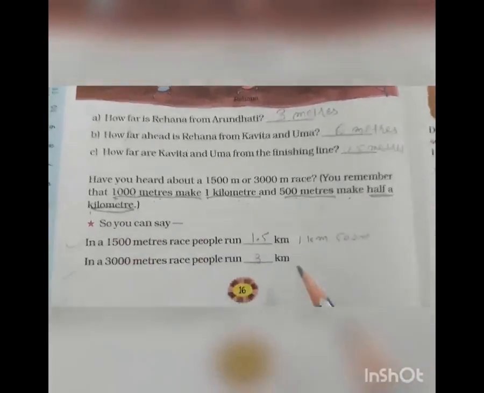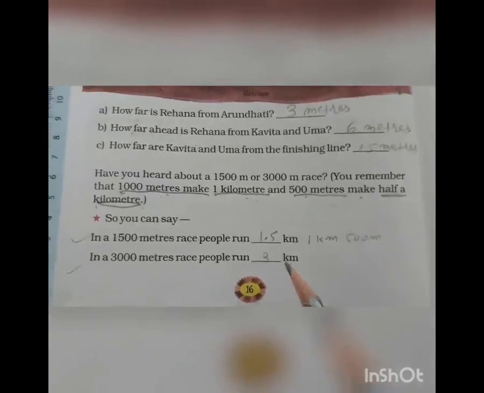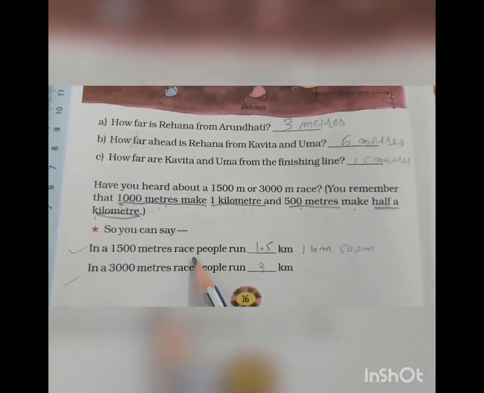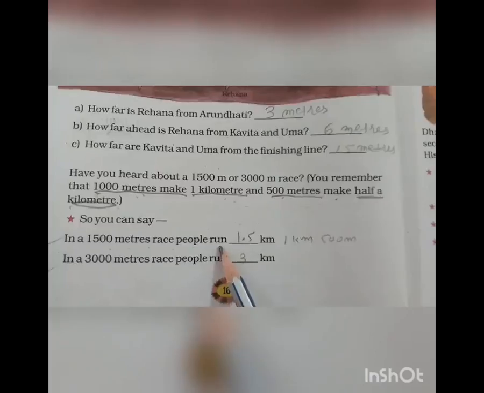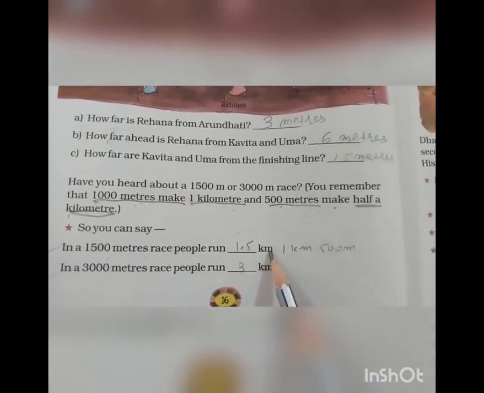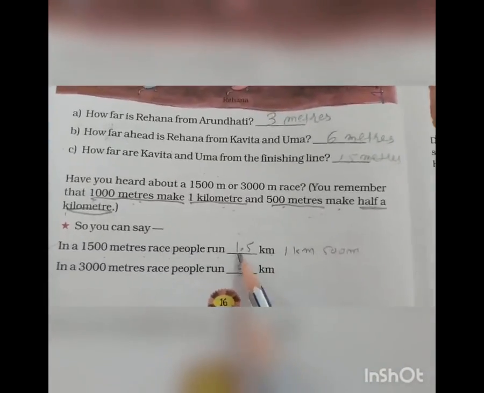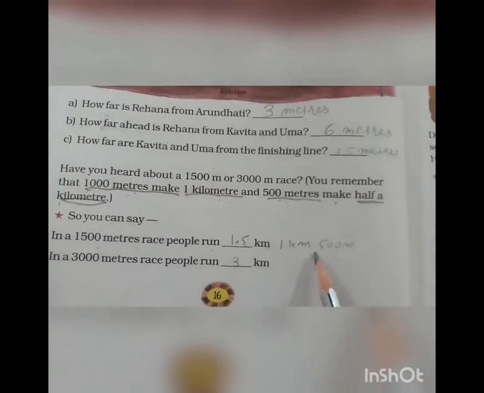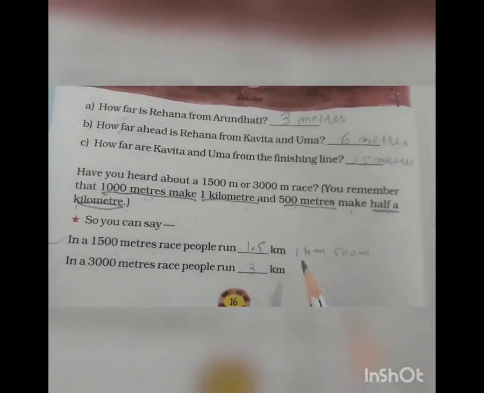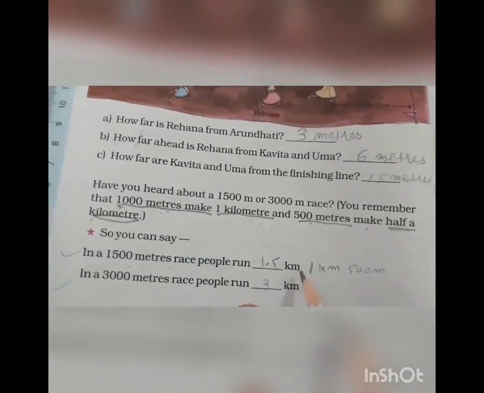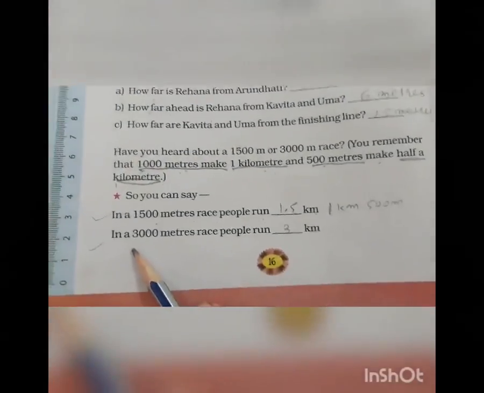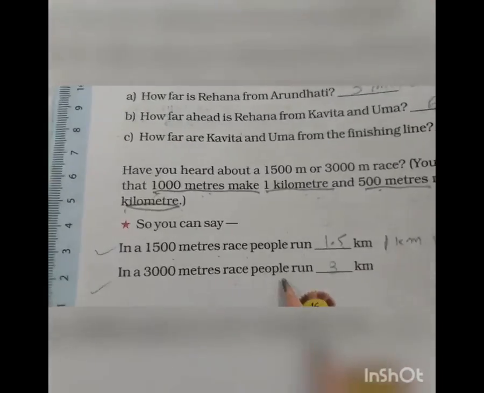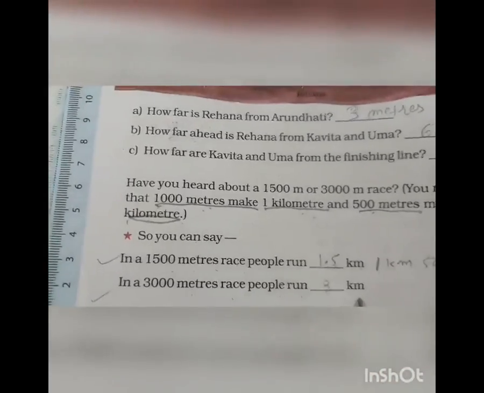Okay, so here you see, in a 1500 meters race, people run this kilometer. So you write here 1.5 kilometer or 1 kilometer and 500 meter. Okay, here in 3000 meters race, people run 3 kilometer.